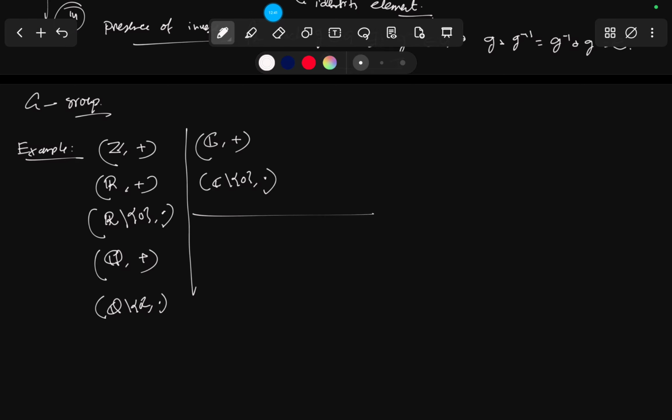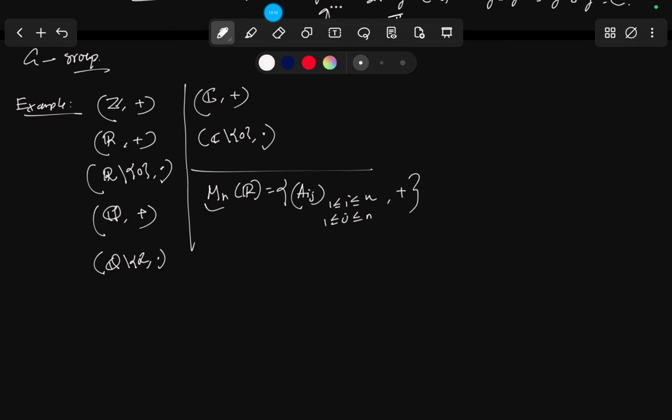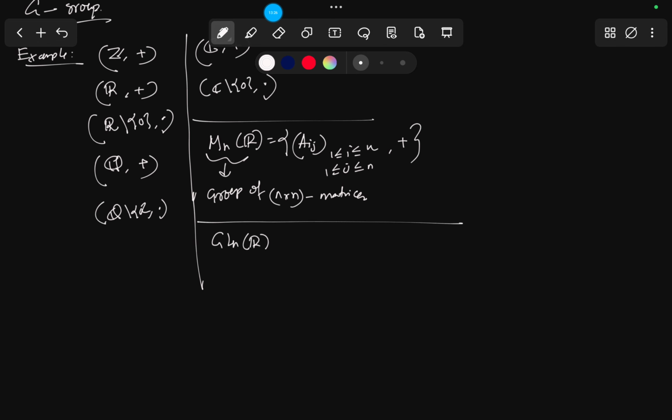Some more non-trivial ones we can think of: let's say the set of all M_n(R), which is the set of all n cross n matrices with matrix addition, and this is said to be the group of n cross n matrices. Also GL_n(R), which is the set of all A_ij where i, j both belong to 1 to n, and the determinant is non-zero.